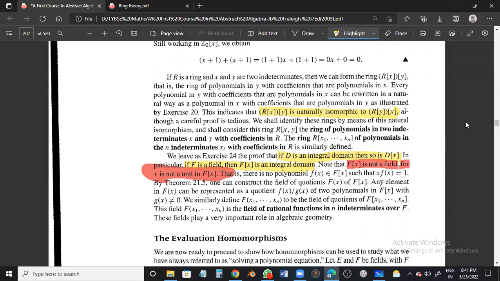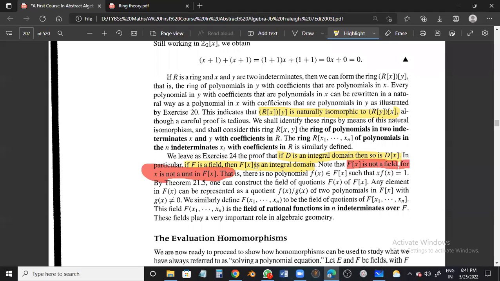Is it necessary to have unity? Yes. Then there are no zero divisors in it. That is the basic requirement, without zero divisors. Now, if f is a field, then f of x becomes an integral domain.